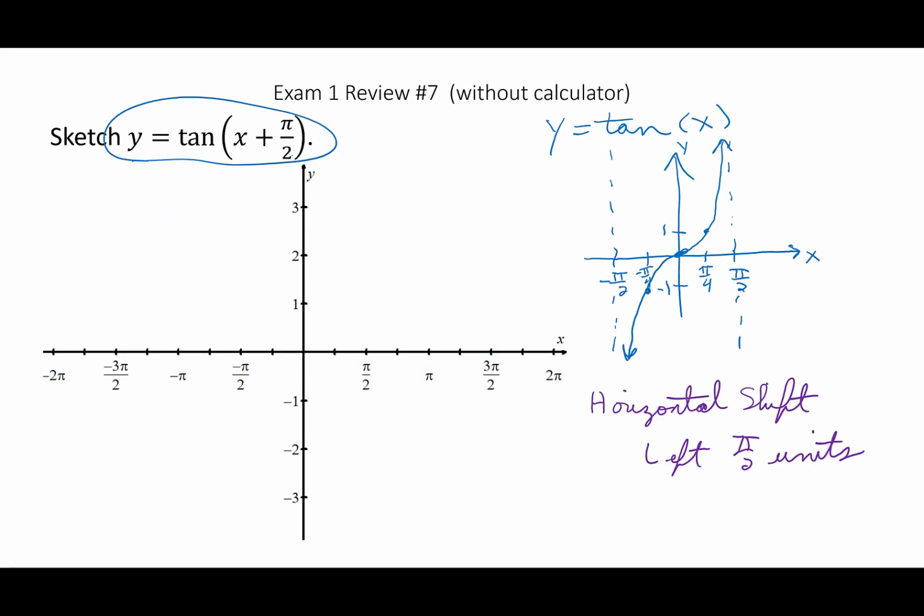So let's do it. Let's move everything left by pi halves units, starting with the first vertical asymptote at x equals negative pi halves. I'll move it left by pi halves units to put it at negative pi. And I will move the vertical asymptote x equals pi halves to the left by pi halves units, putting it at x equals 0.